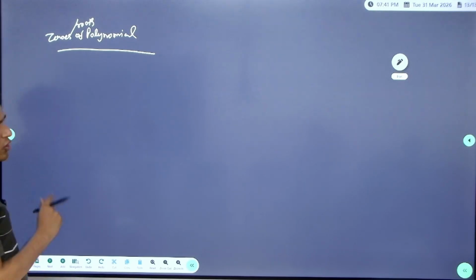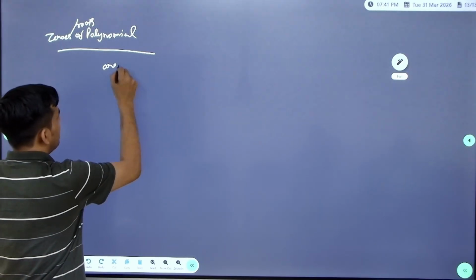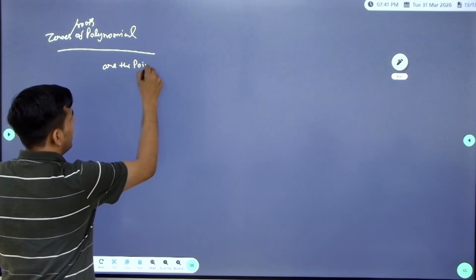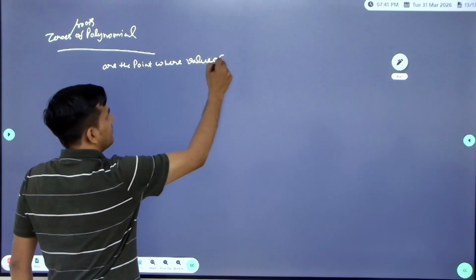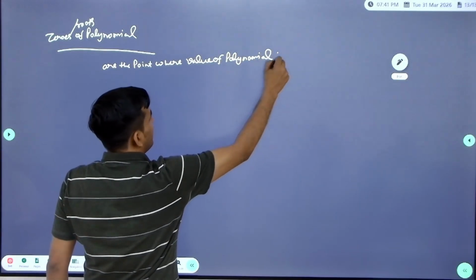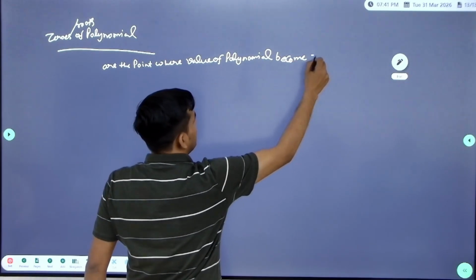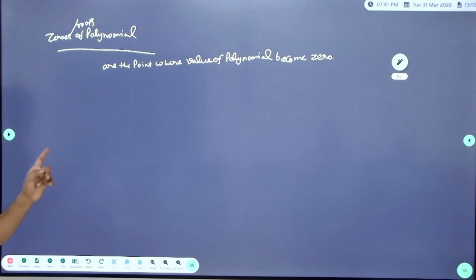So zeros of the polynomial are the points where the value of the polynomial becomes 0.